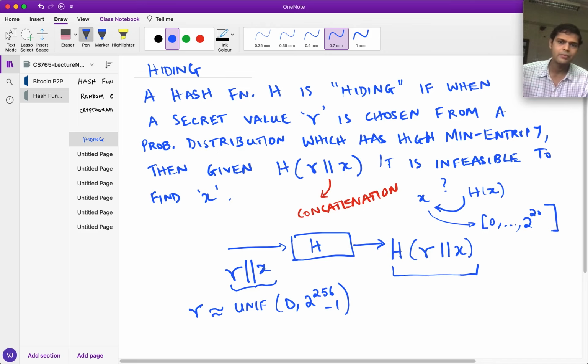It would be near impossible to guess R concatenated with x from this. So this is sometimes called the one-way property of the hash function. Okay, that it's easy to go from the input to output, but it's near impossible to go from the output to the input.